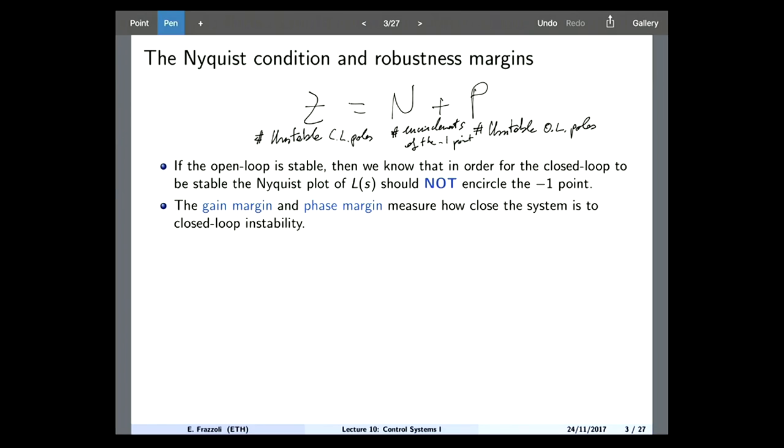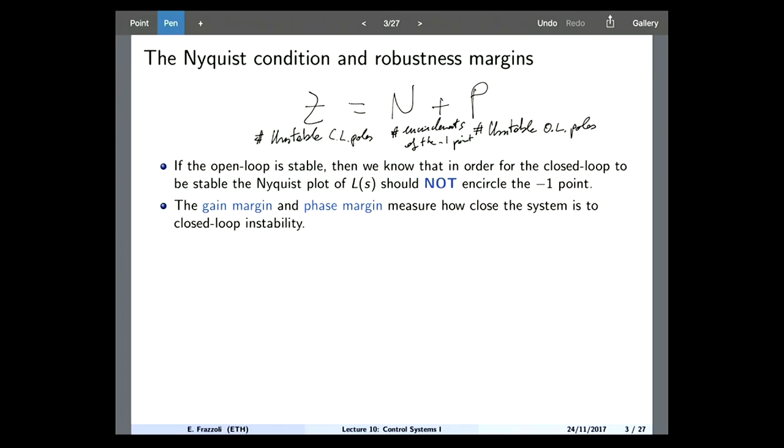So if my open loop system is stable, then P is equal to 0. Then to make sure that my closed loop system is also stable, we want Z to be equal to 0. We know that P is equal to 0. We need N to be equal to 0, okay?